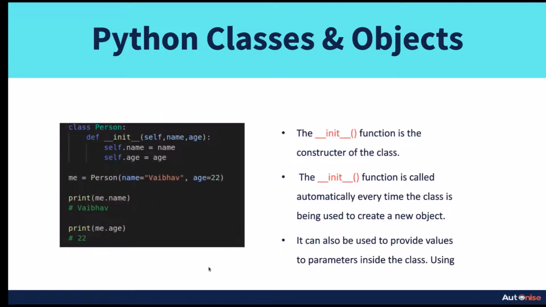Here, as you can see, there is a function we have defined which says underscore underscore init, then underscore underscore, then we have self, comma name, comma age as arguments inside this function. This init function, with a double underscore at the start and a double underscore at the end, is a constructor function. It is a Python inbuilt function.